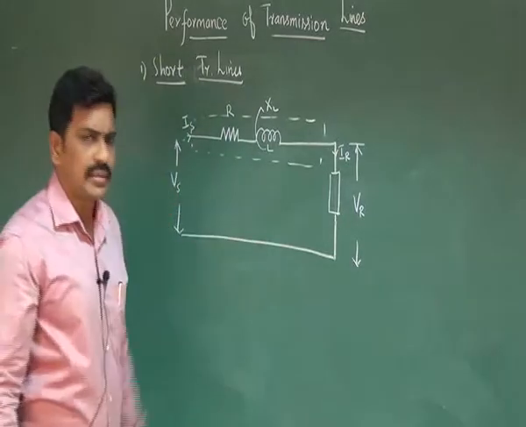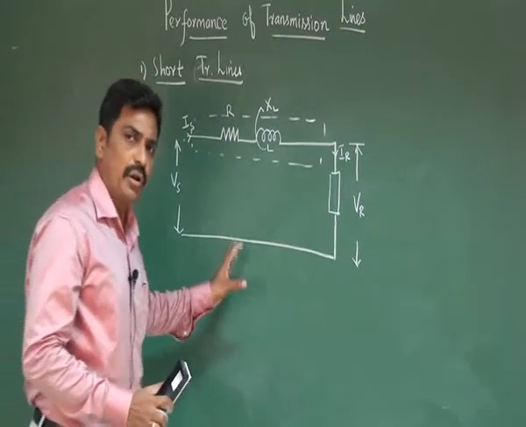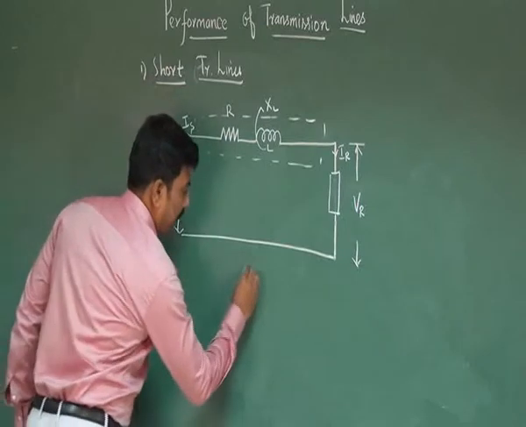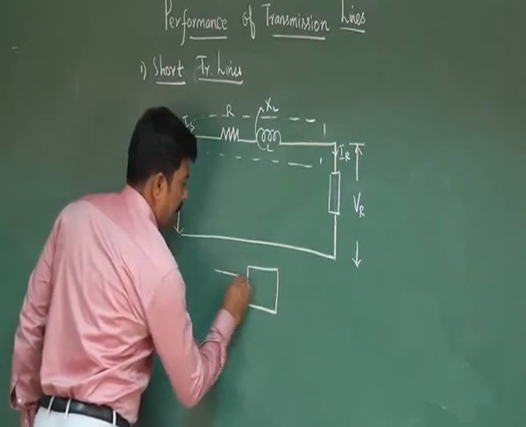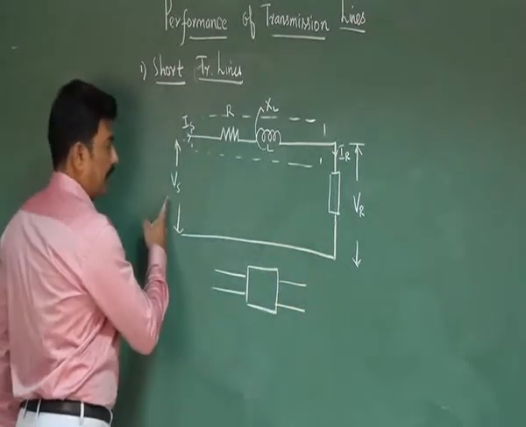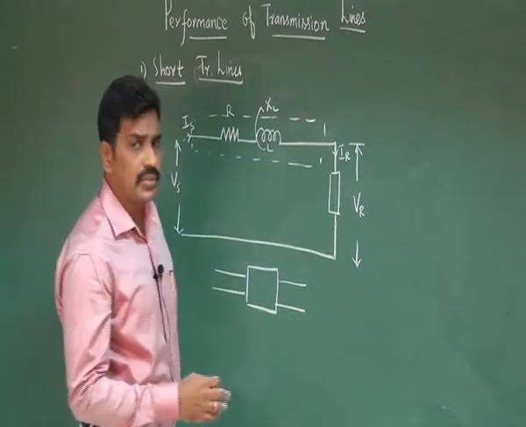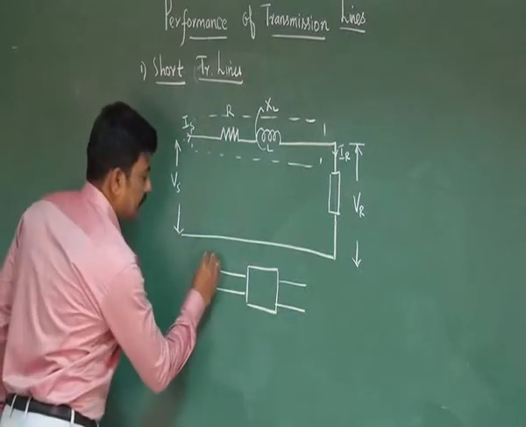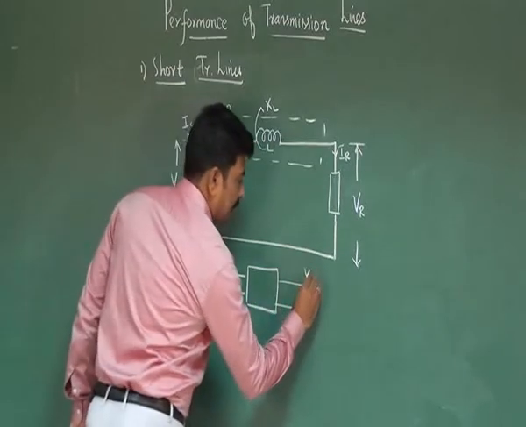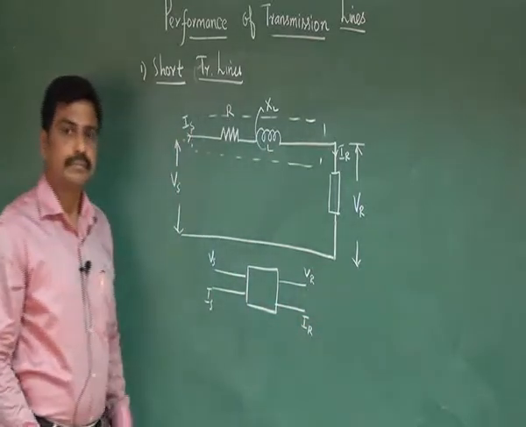Now simply looking at the circuit model, we can easily categorize this circuit model as two-port network. That is, we have two input variables and two output variables. Input variables are sending end parameters. Sending end parameters are Vs and Is. The receiving end parameters are VR and IR.